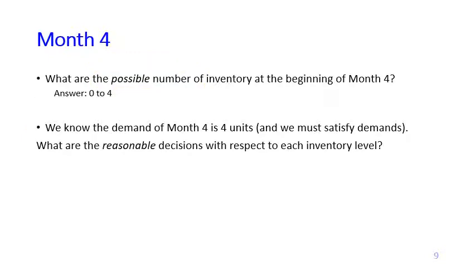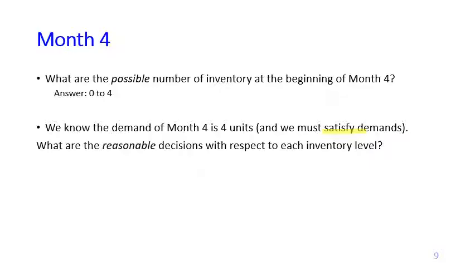Now we know the demand of month 4 is 4 units and we must satisfy that demand. So the next question is, what are the reasonable decisions with respect to each inventory level? Remember, in this problem, we need to decide how many items we're going to produce at each month.